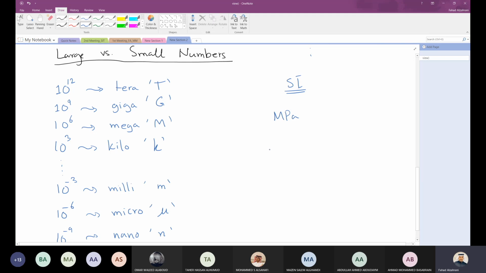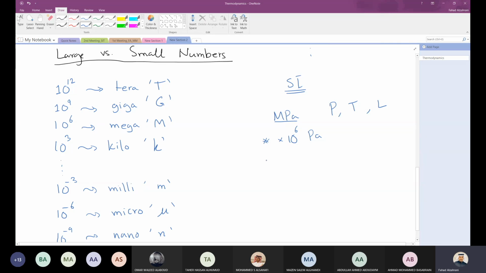If you have an equation where you want to find an unknown, and the equation has multiple parameters, maybe pressure, maybe temperature, maybe length, to find the correct answer you need to convert everything to SI units. For example, I have megapascal, so what do I do? I take the number and multiply it by 10 to the 6, and it becomes Pascal.